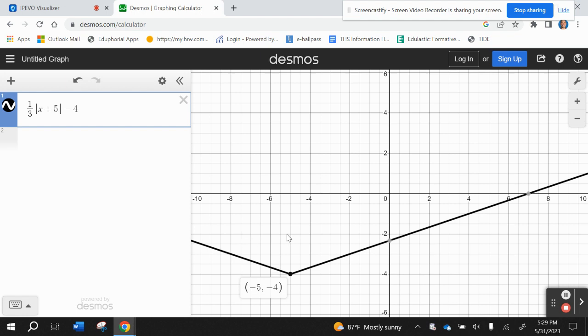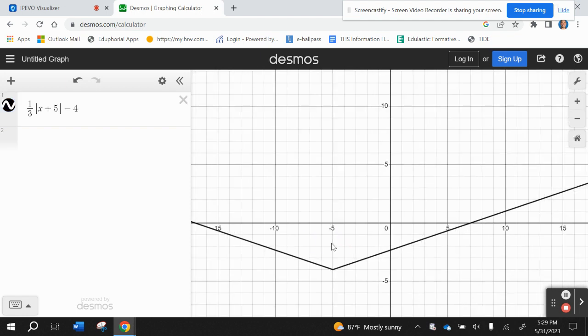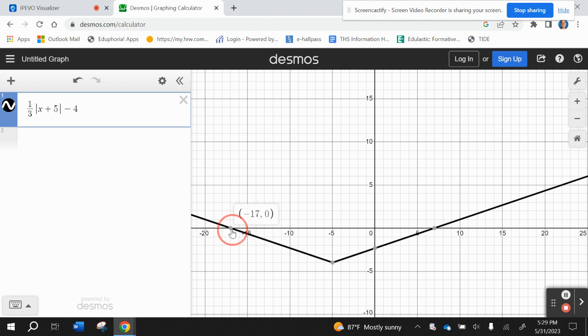Now see if we can go this way. Negative 17, 0. Might not be able to use that point. No, that's too far off the paper. So let's see if we can use negative 11, negative 2. We should be able to get away with that point.